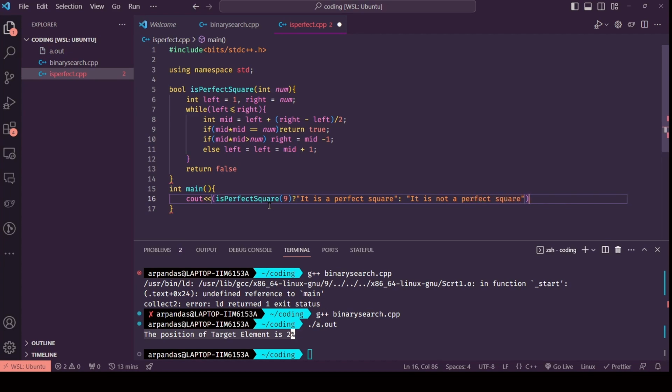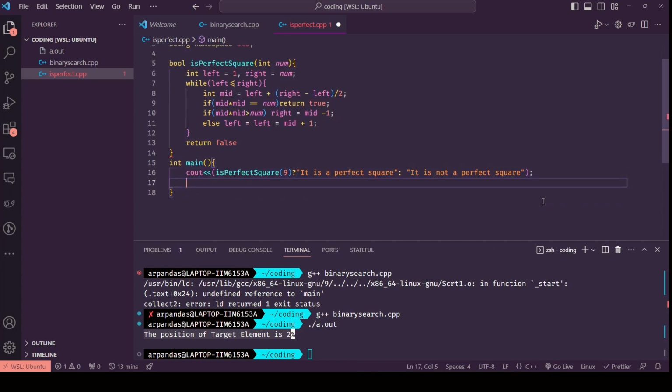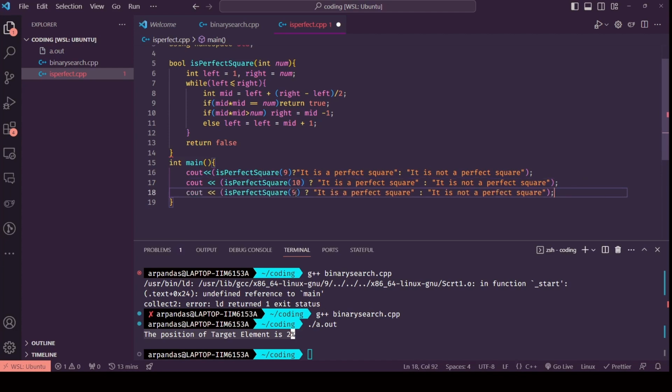It is not a perfect square. Let's just copy this and write code for the next: is 10 a perfect square, is 16 a perfect square.